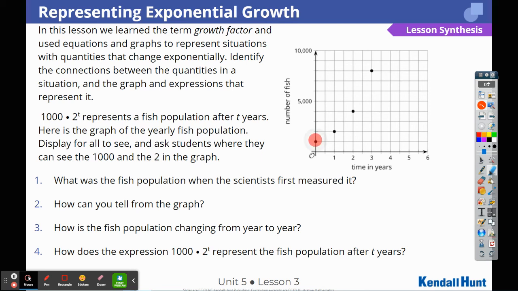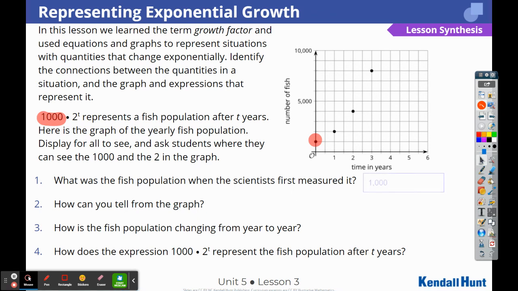We can see it because it is the y-intercept on the graph, and it is the initial amount that you see in your equation. So 1,000 is the initial amount, and we can see it on the graph as the y-intercept, or the amount of fish that we have at 0 years.